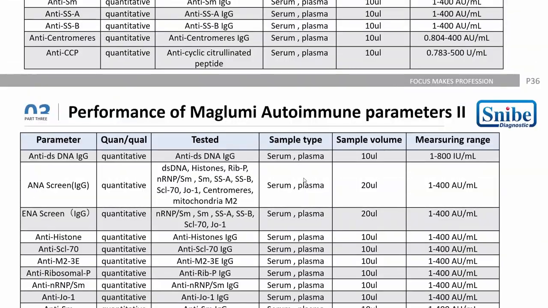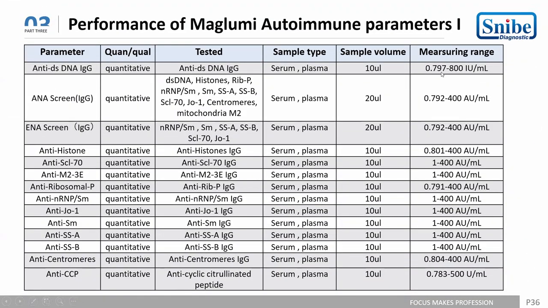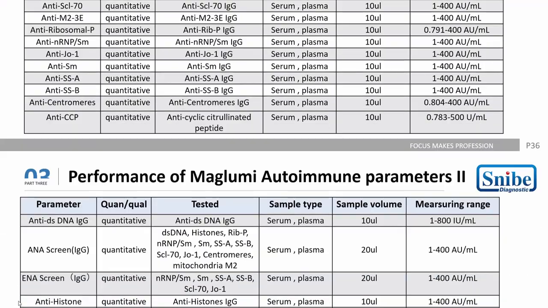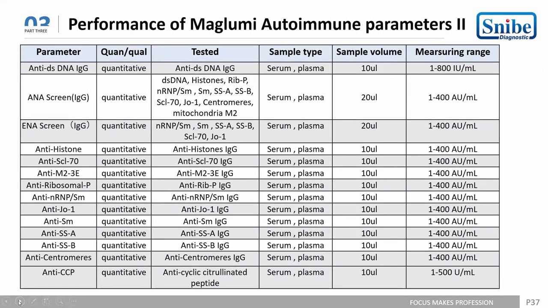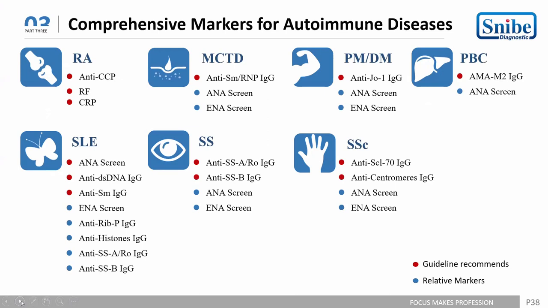You can see here the measuring range from 0.797 to 800. In the next generation, they have improved the measuring range according to the CLSI guidelines, and for the LOB, LOD and LOQ, they have introduced these concepts in this next version of analytes. So we have a next generation, second generation, of these autoimmune antibody tests.